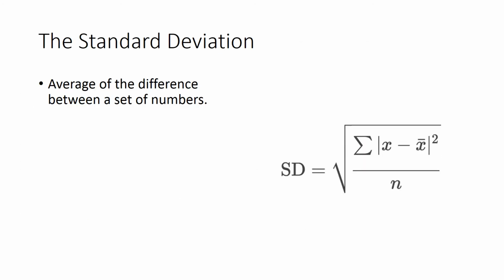The standard deviation I mentioned is the average of the difference between that set of numbers. Thinking about test scores, one way the standard deviation can be applied is if you have a set of scores, a good place for the standard deviation to be, on a scale of 0 to 100, is somewhere between 10 and 20.